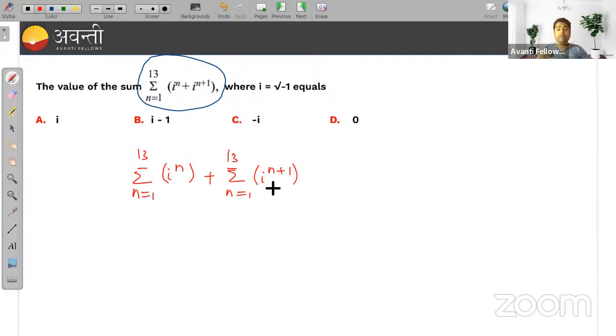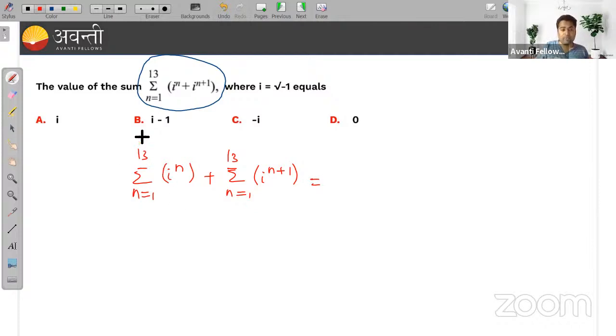Now if you open these two sums, what will you get? When you put n equal to 1 up to n equal to 13 in the first series, that is I raised to n, what will you get actually?